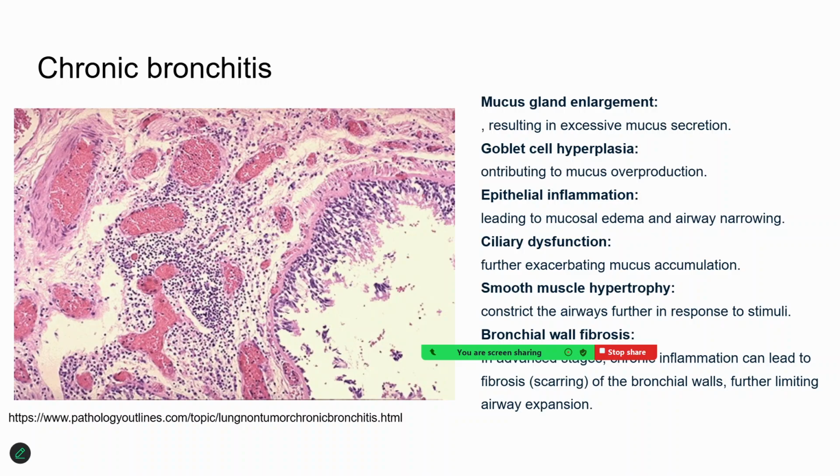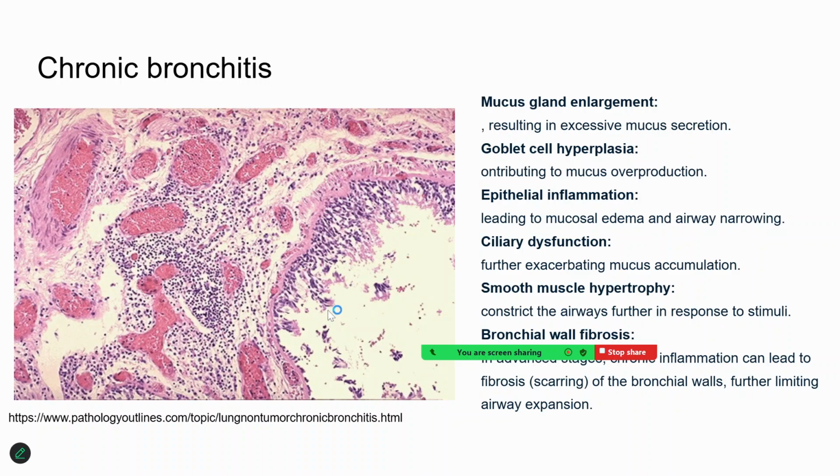The microscopic changes which occur in the tissue involve multiple issues. There could be mucus gland enlargement, these glands would be enlarged as you see, and goblet cell hyperplasia, the round cells over here become hypertrophic, and the epithelium becomes inflamed.